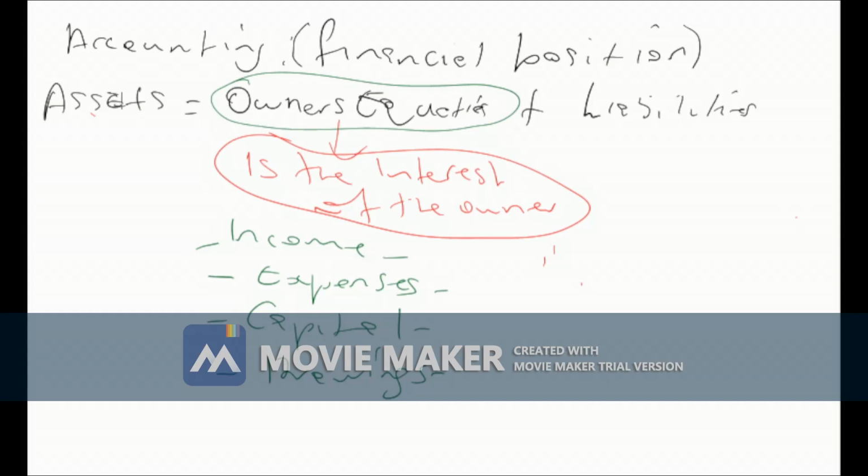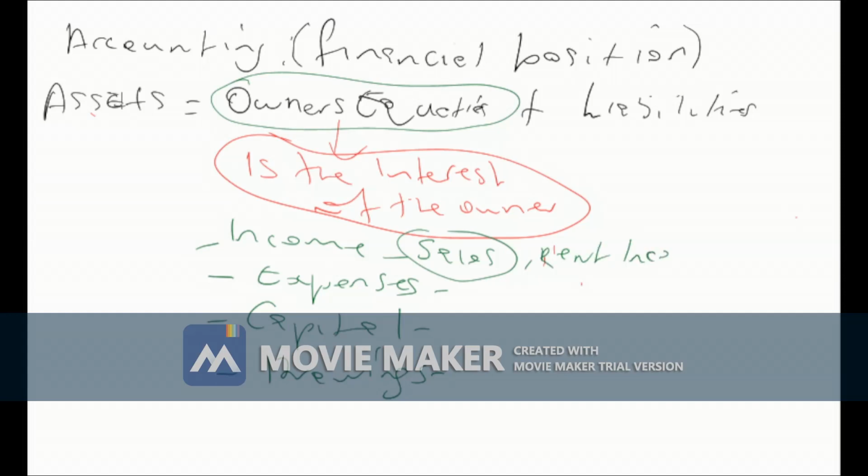Okay, now income includes all the income that the business has made, such as sales. Sales is the return from what we have sold to our customers. And then there is rent income, if applicable.